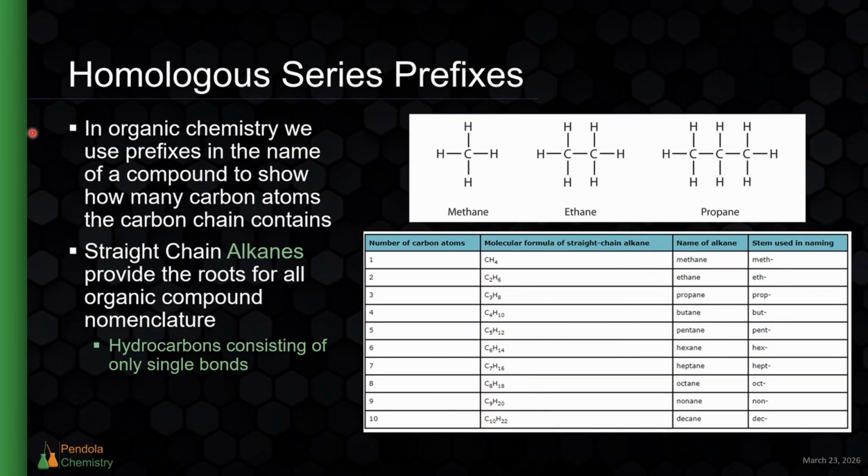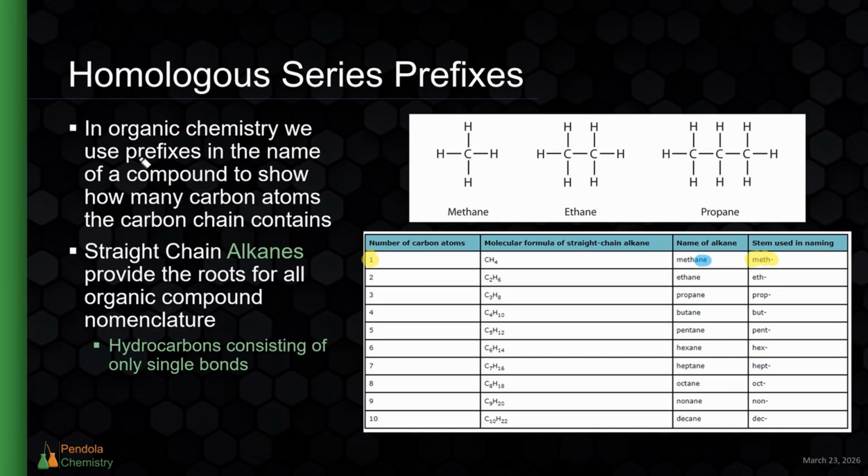So for each number of carbons, we're going to have a different root. So meth would be the stem of any 1 carbon alkane. On top of that, we're going to have the A and E ending whenever it's an alkane. And this ending is going to change as we go through different compounds.